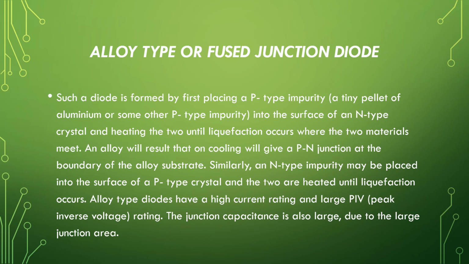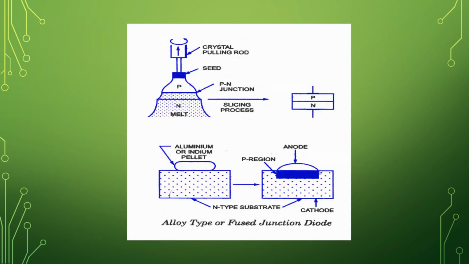Similarly, an n-type impurity may be placed on the surface of a p-type crystal and the two heated until liquefaction occurs. Alloy type diodes have a high current rating and a large PIV, peak inverse voltage rating. The junction capacitance is also large due to the large junction area.